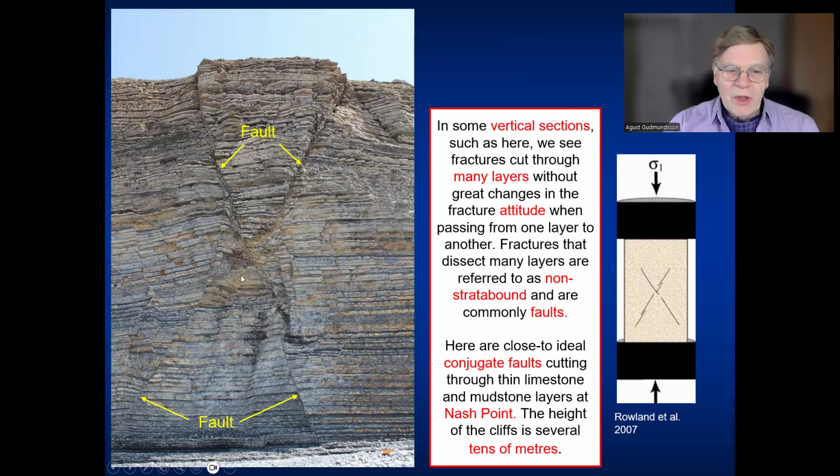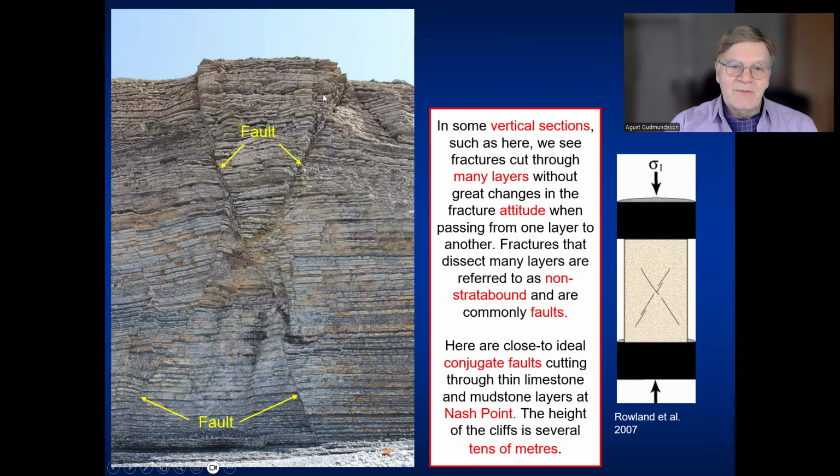So they are close to, not quite, because you see some irregularities. There are other fractures here and irregularities here, but they're not far from being beautiful conjugate faults in a vertical section. This cliff is several tens of meters, around 40 meters, something like that. And this is close to Nash Point.